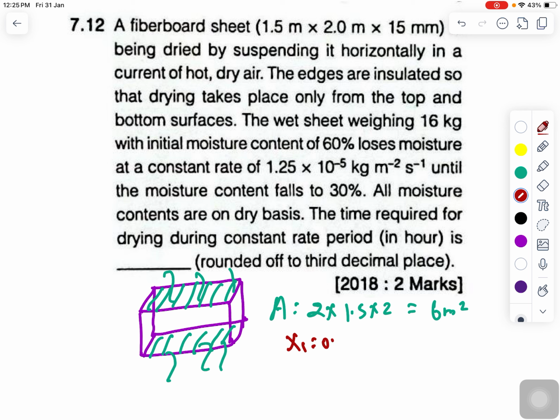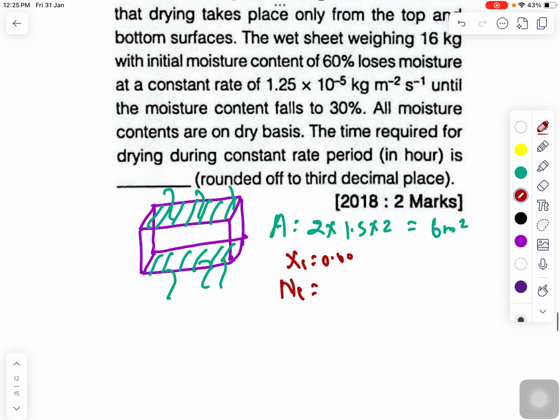So X1 is given as 0.60. The critical drying rate at constant rate period is given as 1.5 into 10 to the minus 5 kg per meter square second until it reaches X2 equal to 0.30. All the moisture contents are on the dry basis. We need the time required for drying in the constant rate period.